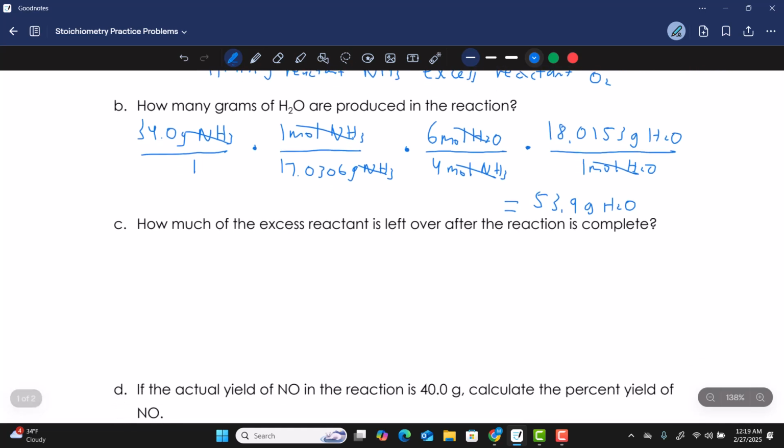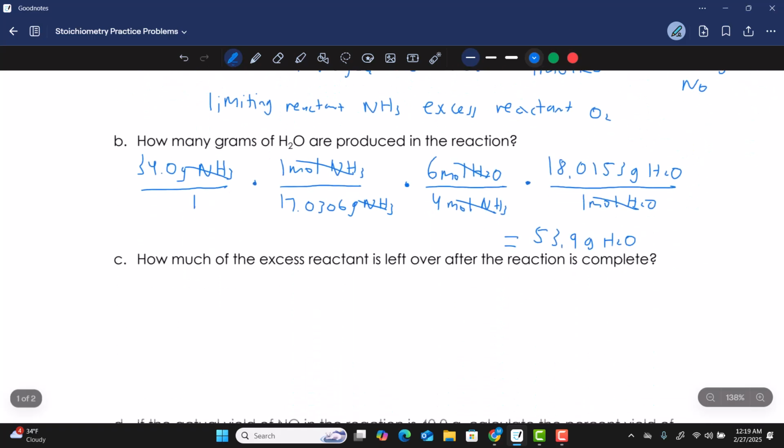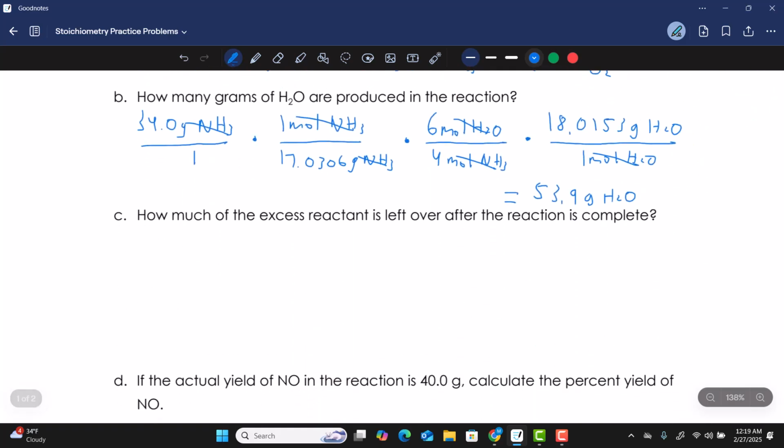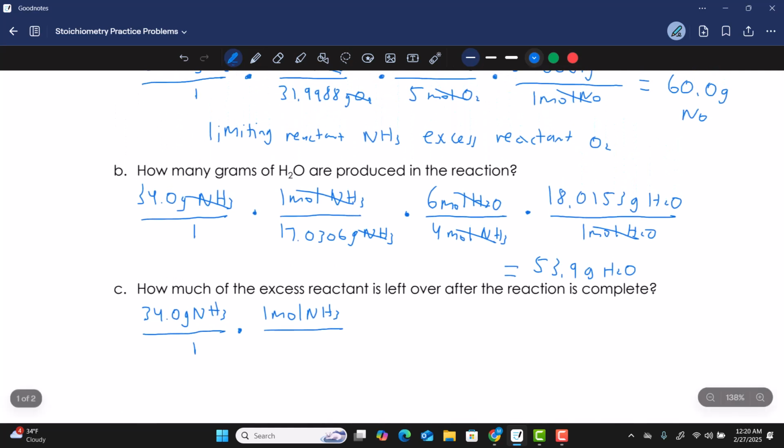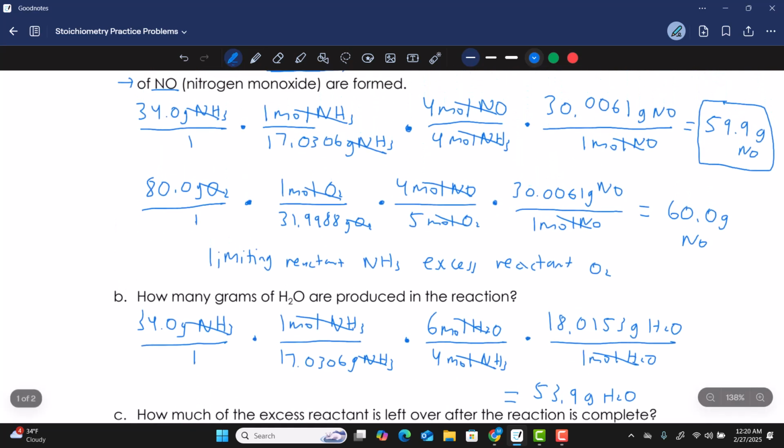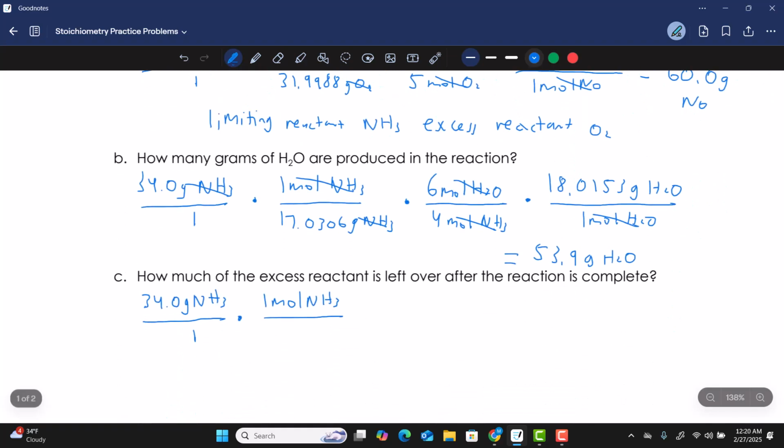So to find how much of the excess reactant is left over after the reaction is complete, we would first start with the limiting reactant, which is NH3, and we have 34 grams of that. We want to convert it into moles of NH3. So on the bottom we would have 17.0306, which we calculated here.